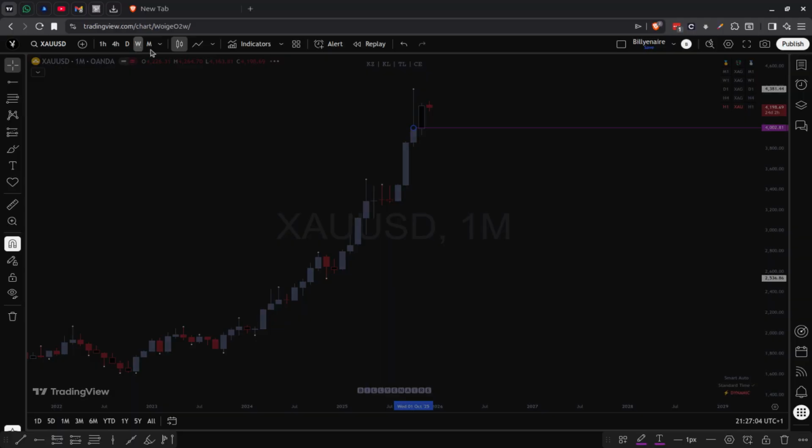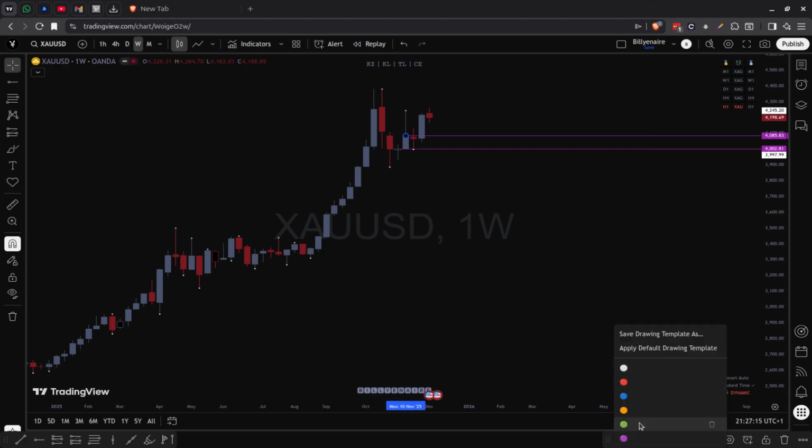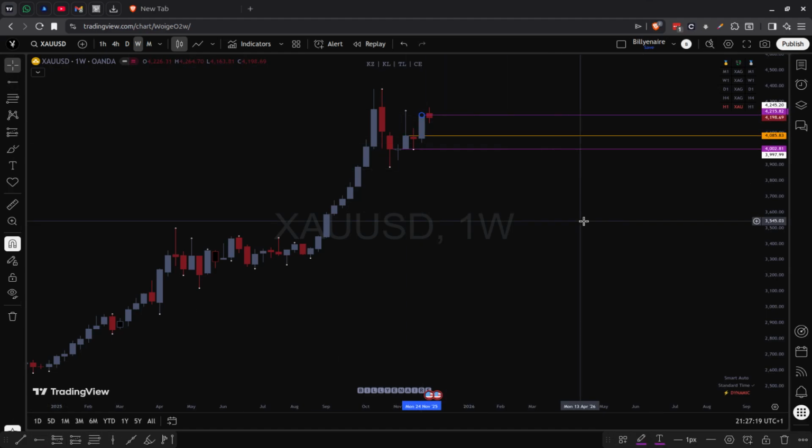Okay, so let's jump down to the weekly. On the weekly, we have this resistance here that has turned into support, as well as this new resistance right there as well. Those two levels are good.